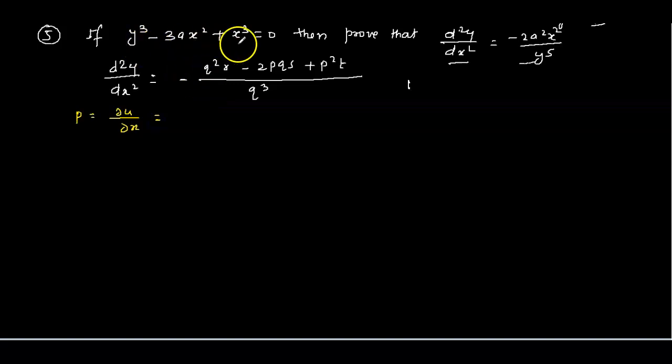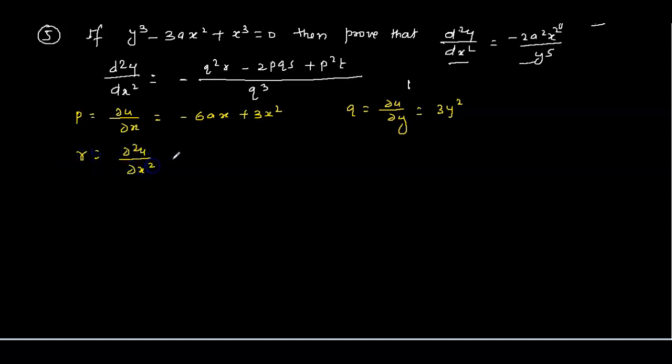You can find with respect to x here, this is 0, this becomes minus 6ax plus 3x squared, which is p. q is equal to del u by del y. This one with respect to y, 3y squared, and this one with respect to y, 0 and 0.